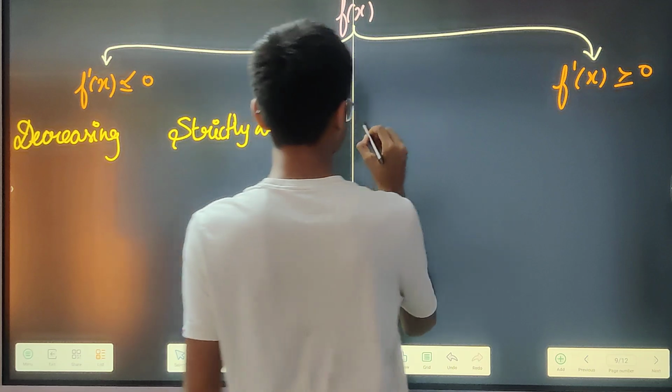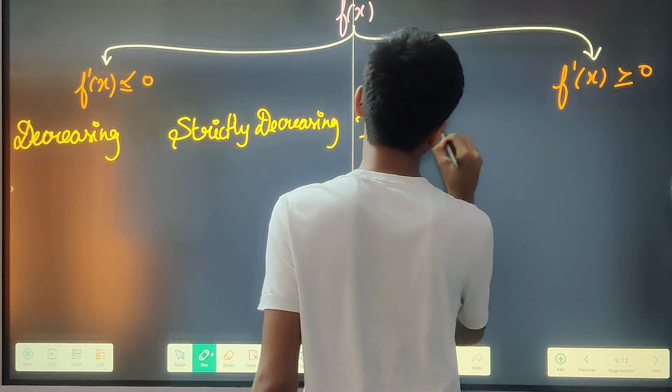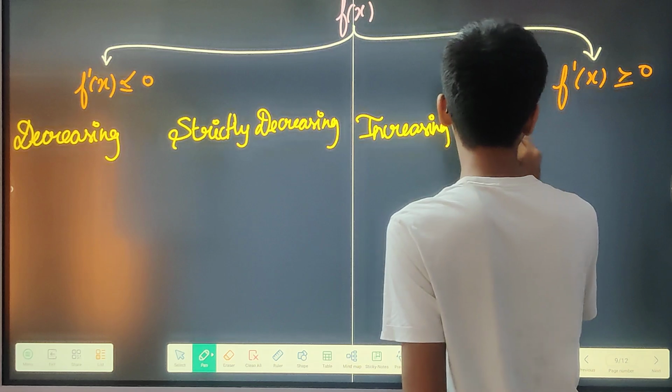Here also the same, increasing or strictly increasing.